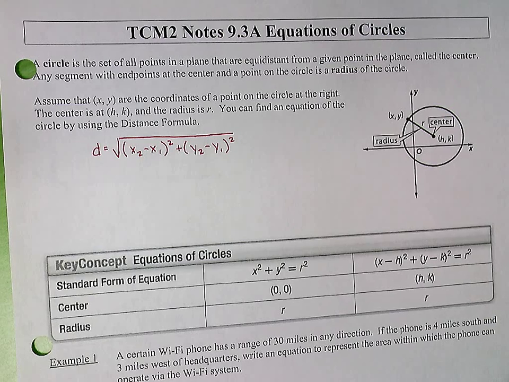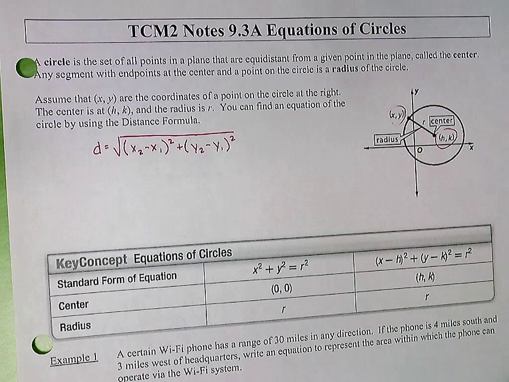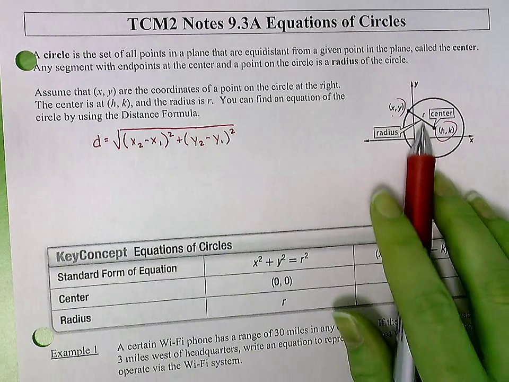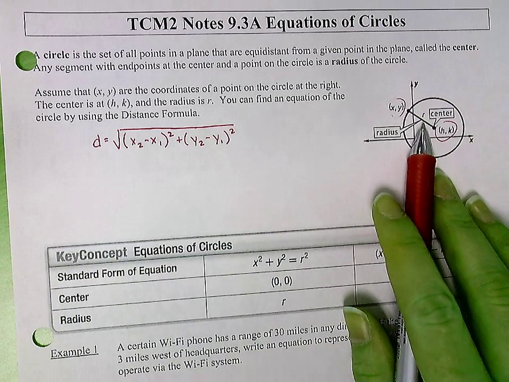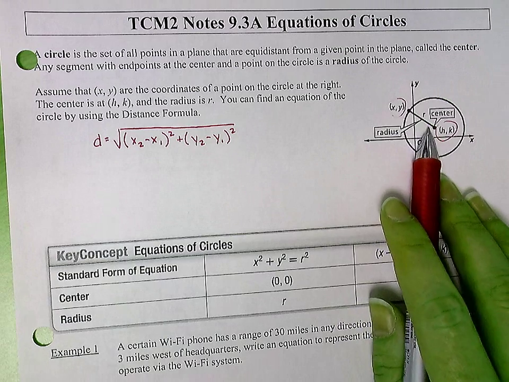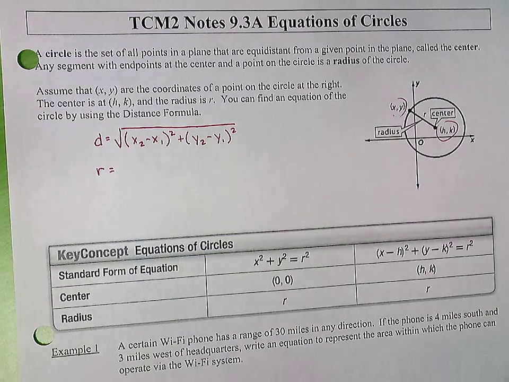We're going to use that on the points of our circle to find the equation of a circle. Our distance will be our radius, since we're looking for the distance between those 2 points. So I'm going to change that to r.